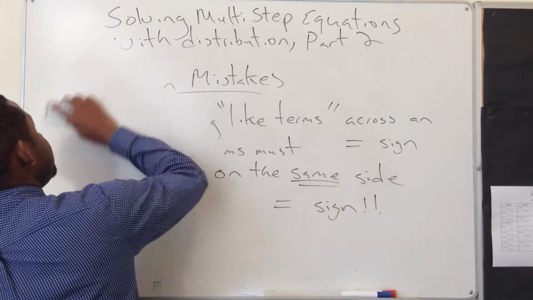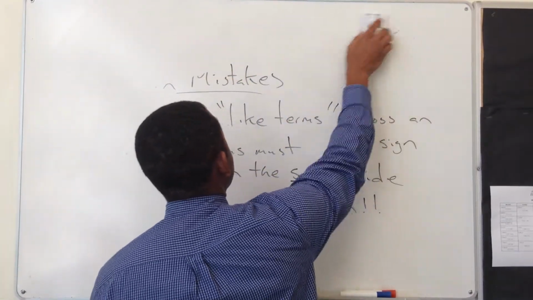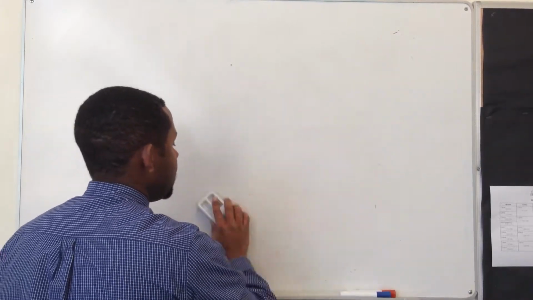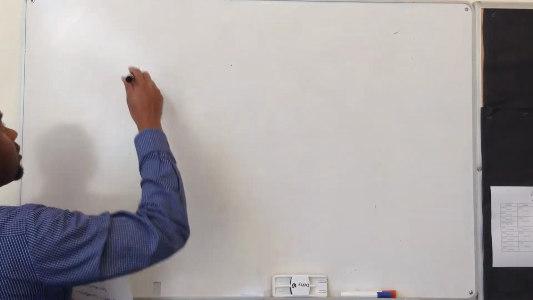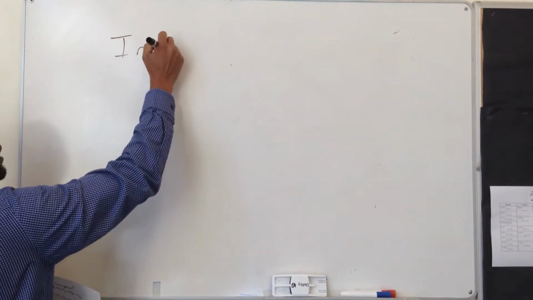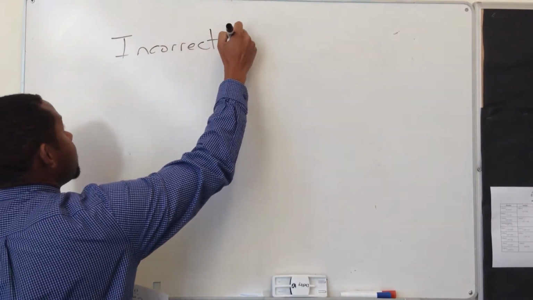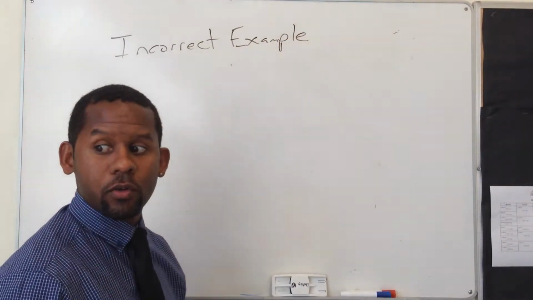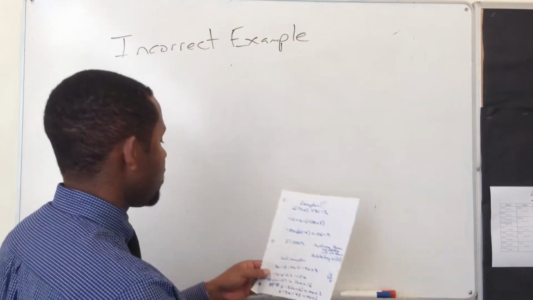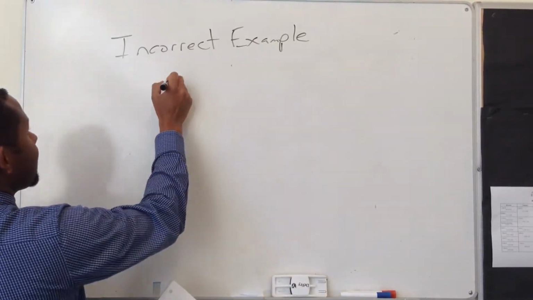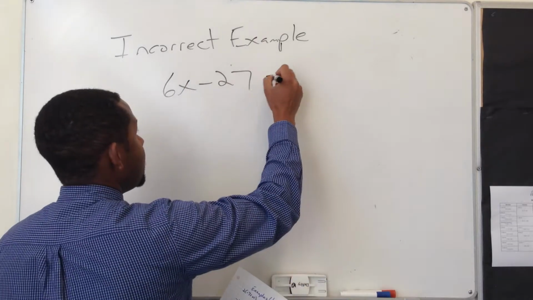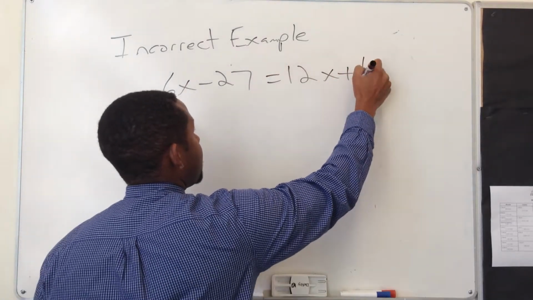So, let's look at what you all, or a number of you all, have been doing. So this is called an incorrect example. I want you to see it so you know exactly what it is. So you get a problem that looks like this. It says 6x minus 27 equals 12x plus 16.